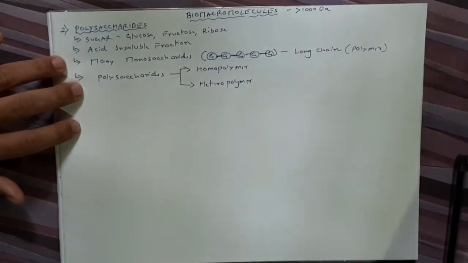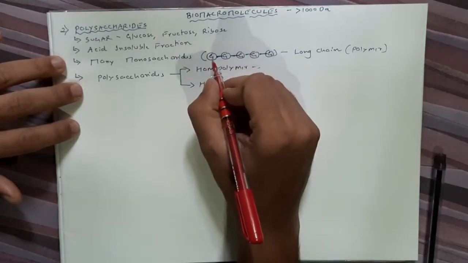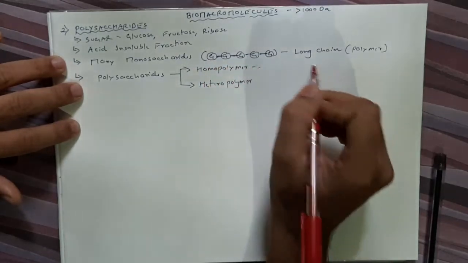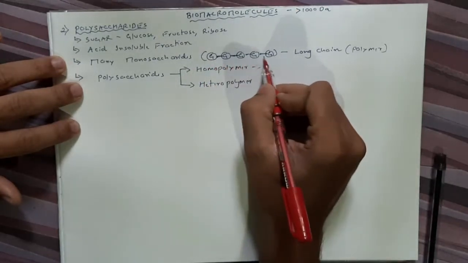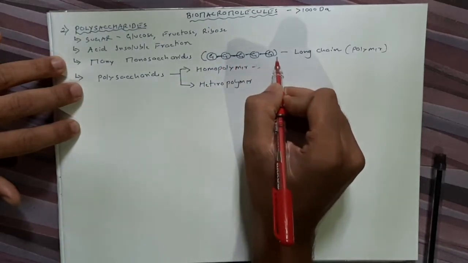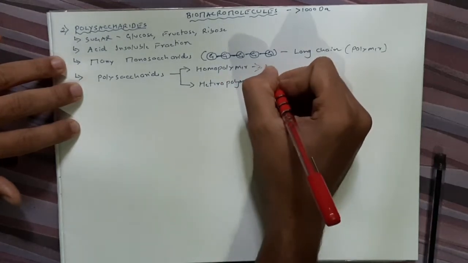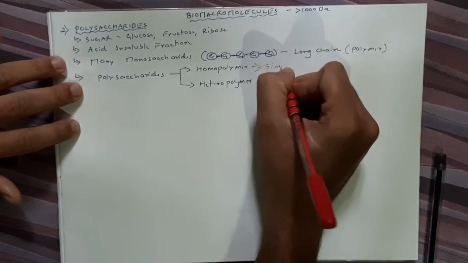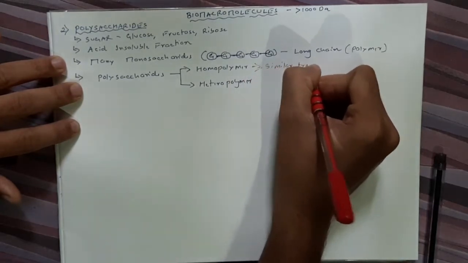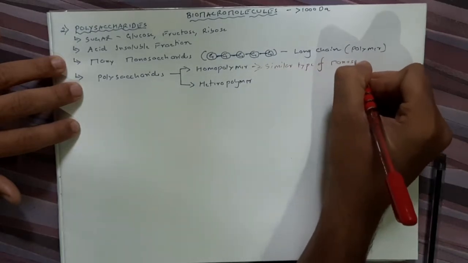Homopolymers means it is made up of similar type of monosaccharides. A long chain which is made up of similar type of monosaccharides, like glucose, glucose, glucose, glucose. You don't see any other different monosaccharide here. Got it? So that is homopolymer, made up of same or similar type of monosaccharides.